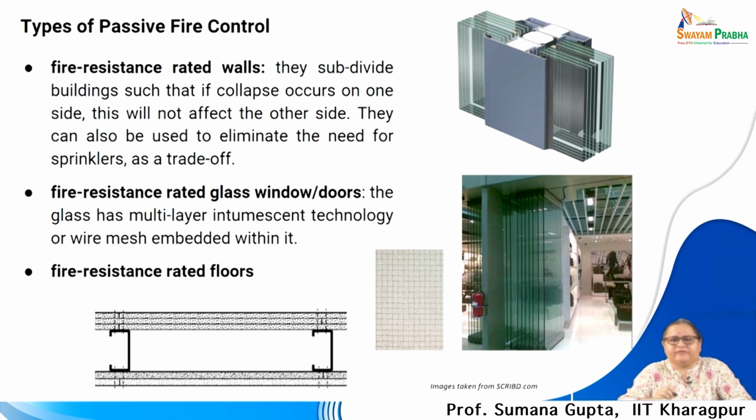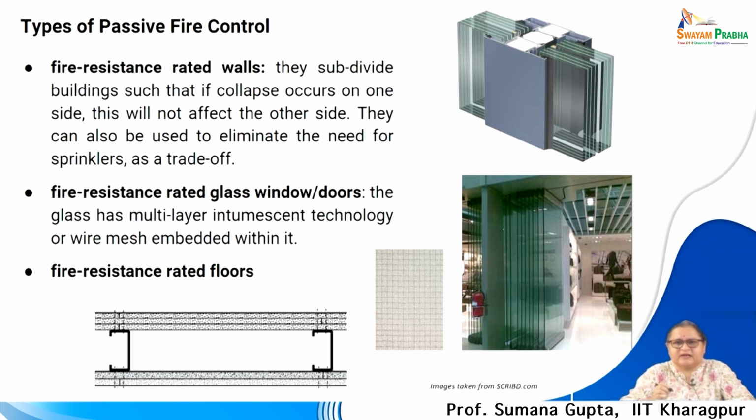Now, we can have fire resistance rated walls. Brick is there, concrete is there, precast structures are there, which we have already learnt, but we can also have glass as a fire resistant rated wall.